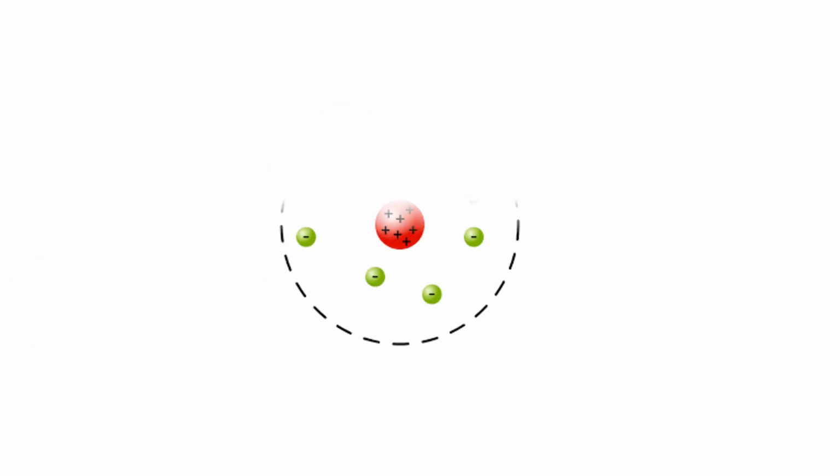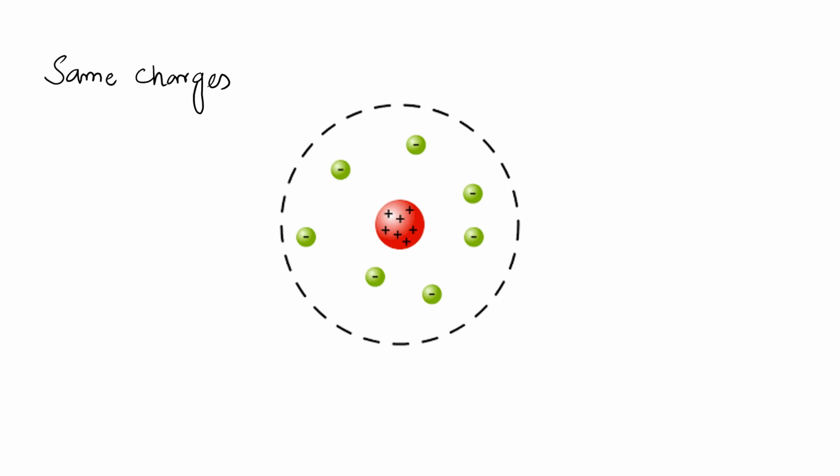So dear student, according to Rutherford, an atom consists of a nucleus, and the nucleus has positively charged particles. Now, as you know, according to basic physics, two same charges repel each other. Same charges repel, whereas opposite charges attract.